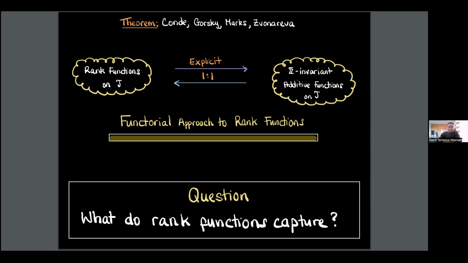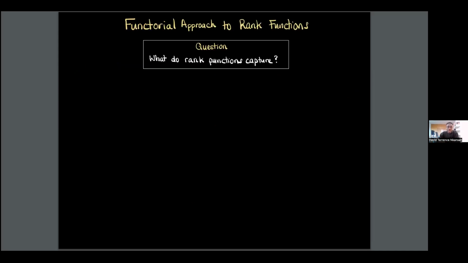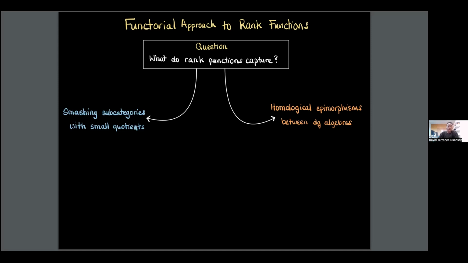I'll give you some examples that will be a bit hand-wavy. So what can these rank functions capture? In some senses, they capture homological epimorphisms between DG algebras. In other cases, they can capture smashing subcategories with these nice quotients. And in other cases, they can also capture universal triangulated functors from your given triangulated category into smaller triangulated categories.